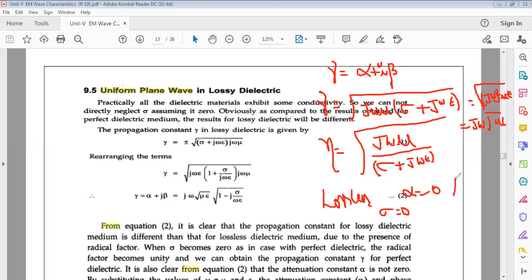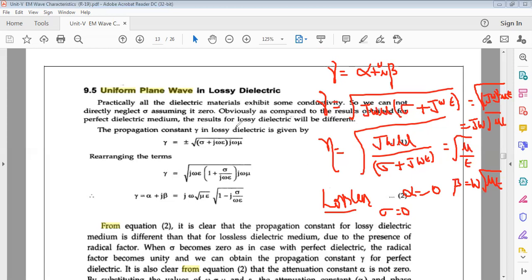So alpha is equal to 0, and beta is equal to omega under root of mu epsilon. Similarly, the conductivity is 0 in the lossless case, so eta is equal to the square root of j omega mu by 0 plus j omega epsilon, which means the square root of mu by epsilon.